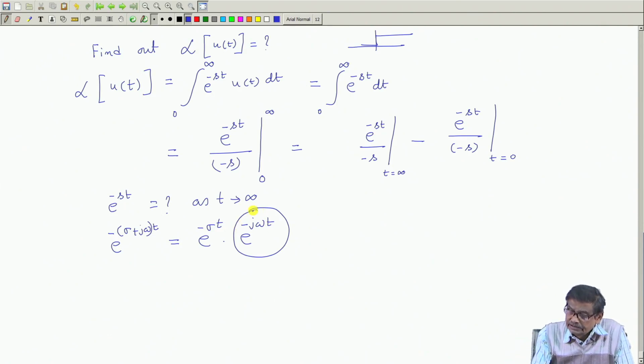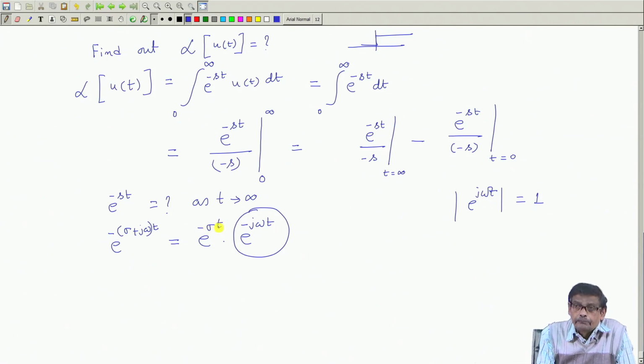This will be finite values no matter what is the value of t, because see e to the power j omega t. What is the magnitude of this function? Magnitude of this is equal to always 1. Therefore, no matter what is the value of time, the magnitude of this portion is 1.